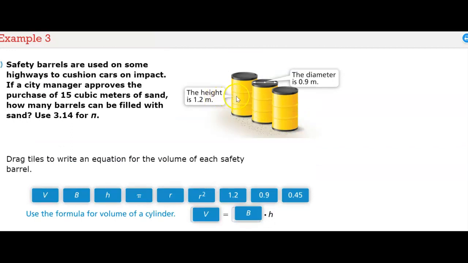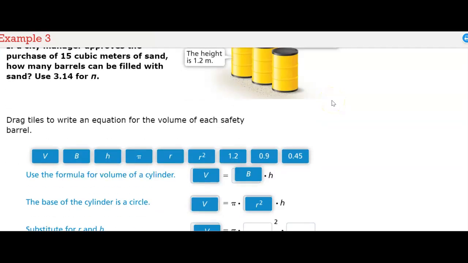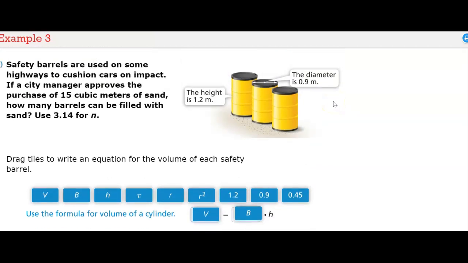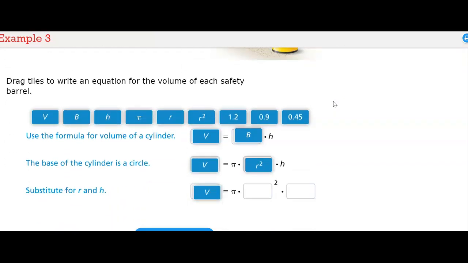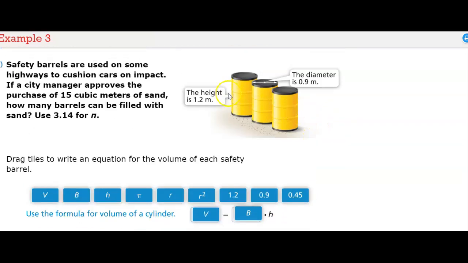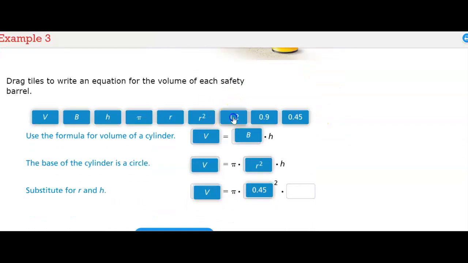So the diameter is 0.9, so half of 0.9 would be our radius, which is 0.45. And then the height tells us here is 1.2, or 1 2/10.